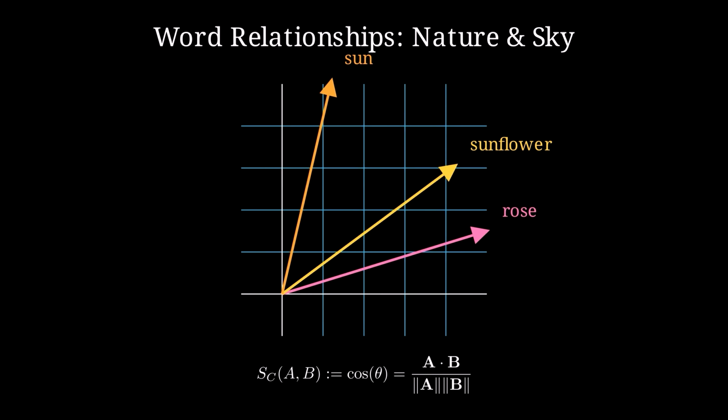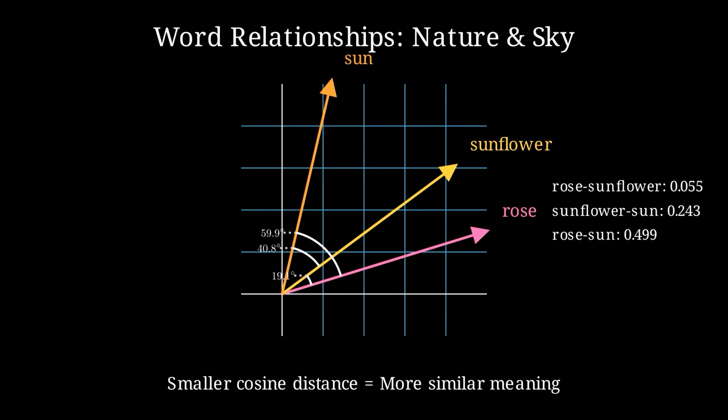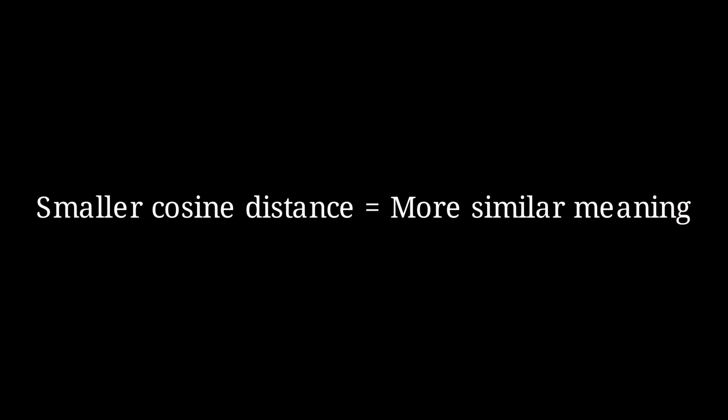Sunflower is visually closer to rose than to sun, but how will it work for vectors? As you can see, there are 3 vectors, and they have angles between them. The angle between rose and sunflower is smaller than the angle between sunflower and sun. And the cosine distance is also smaller. And smaller cosine distance means more similar meaning.